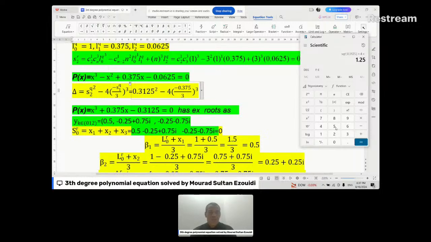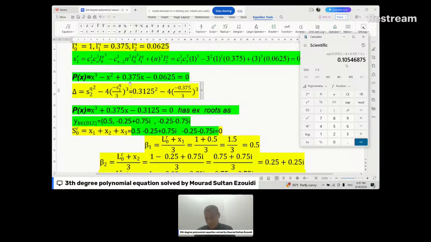0.375 divided by 3 will give you 0.125. Raise it to the power 3. This one is equal to what, learners? I will use also my calculator.